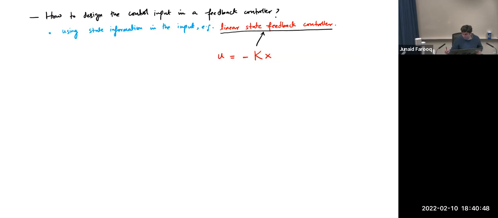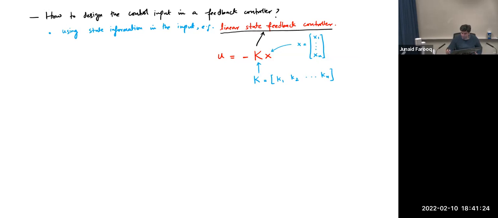So K is a vector, x is a state vector. Remember, x1 all the way to xn is a vector of states, and the vector K is a row vector K1, K2, all the way to Kn. If you have that type of input, then that's a linear state feedback controller.